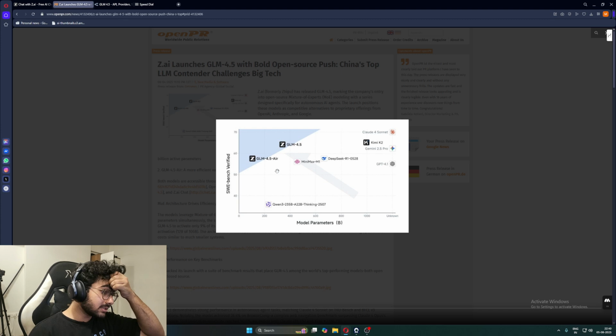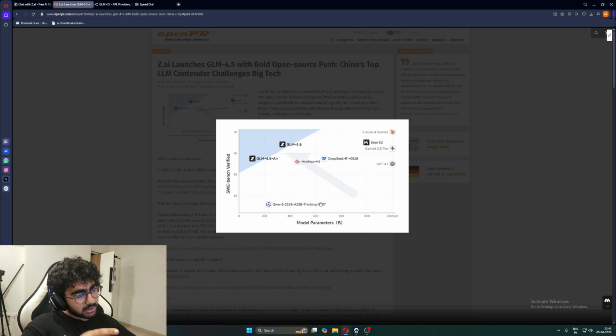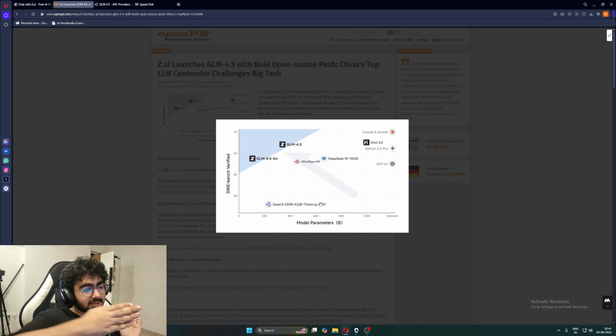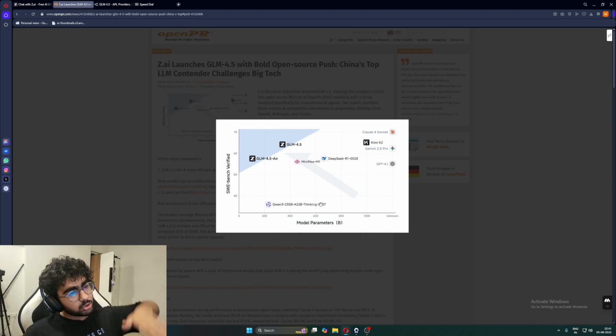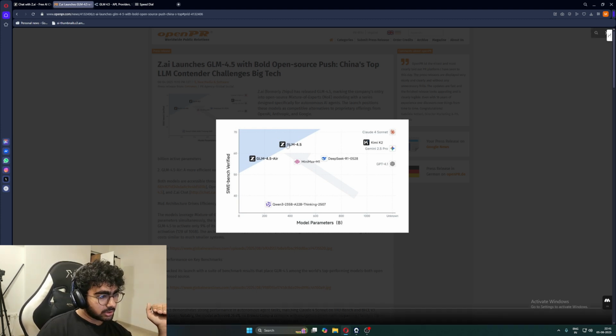Now look at this. This is the chart. So basically, जो भी models इस तरफ ज्यादा जा रहे हैं they have a higher parameter size and जो भी ज्यादा high है that is SWE bench. So you can see GLM 4.5 is at par with Kimi K2 and it is also almost as good as Claude 4 Sonnet.